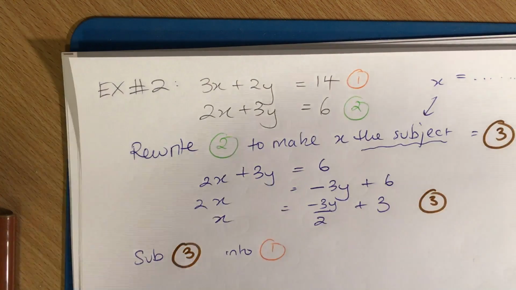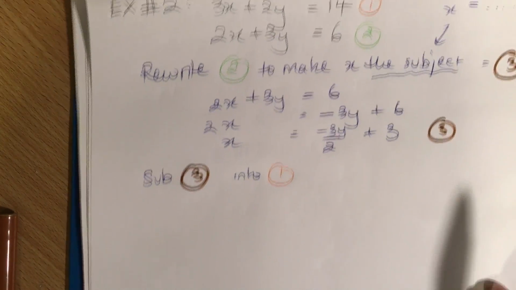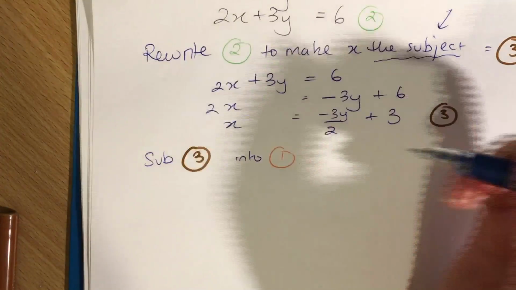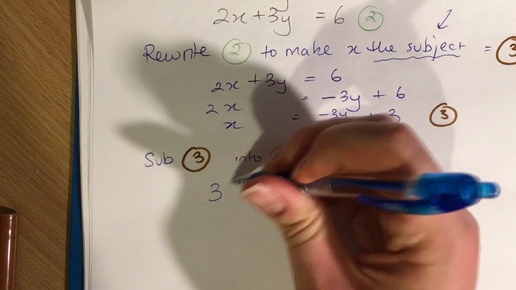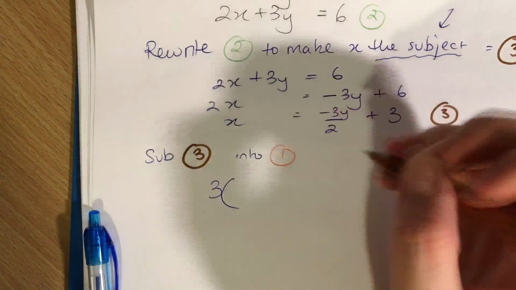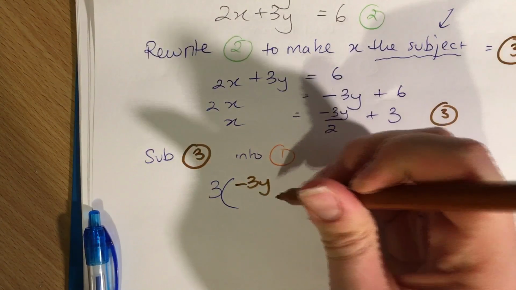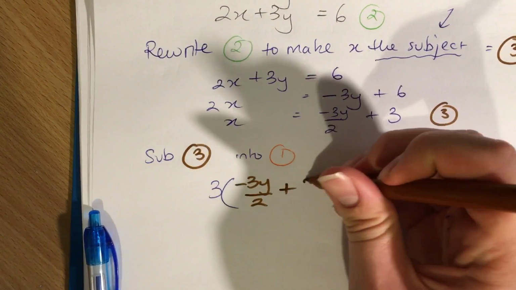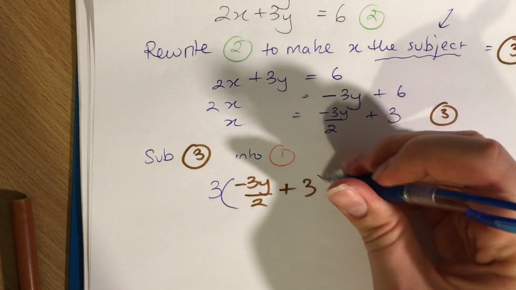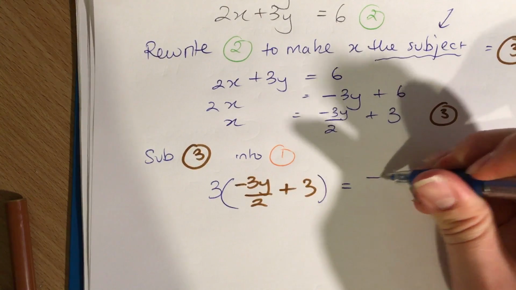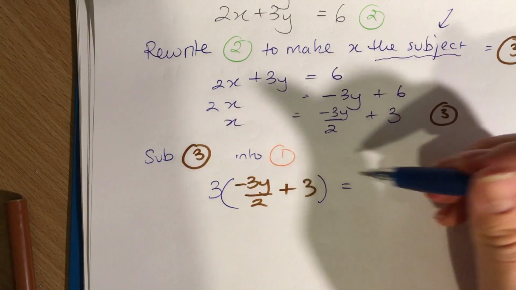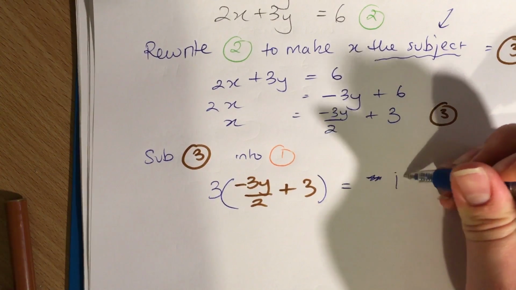So we're going to substitute this into equation 1. And I know it's got a scary fraction in it, but trust me, the fractions will not bite much. So 3 times negative 3y over 2 plus 3 is equal to, oh no, slow down, it's 14.